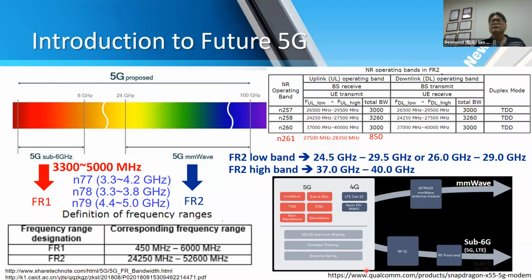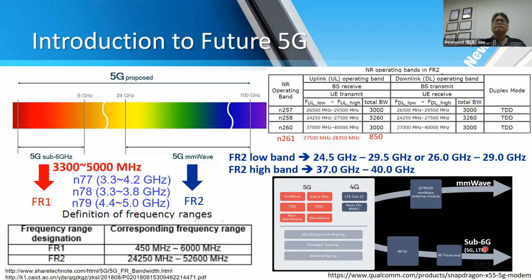This is, I believe, a picture from Qualcomm, and Qualcomm has developed a new Snapdragon known as the X60. For this new Qualcomm modem chip, you'll be able to use the AiP known as QTM525, and at the same time it can control the sub 6 gigahertz band. And this chip will be released next year in 2021.